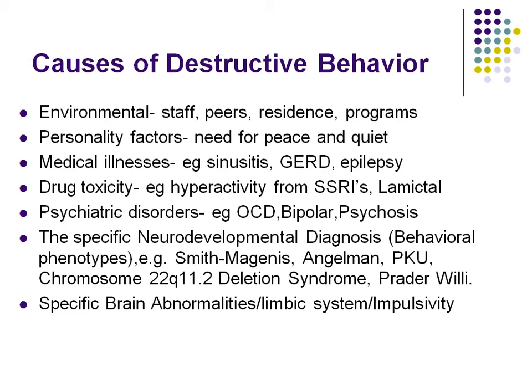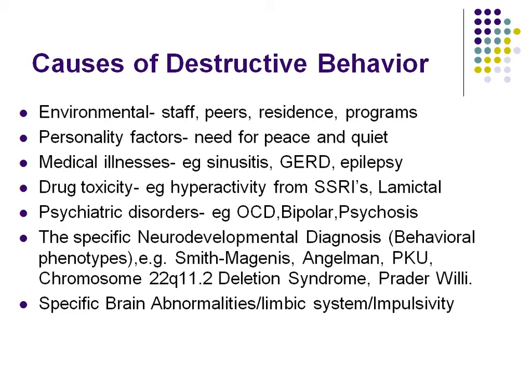So these are examples of behavioral problems that result from the specific syndrome that they have. So it's very important to know that. And then lastly, there are some specific brain abnormalities that can be noted on MRI, which are associated with impulsivity. There are many studies which have shown ventricular dilatation associated with schizophrenia.